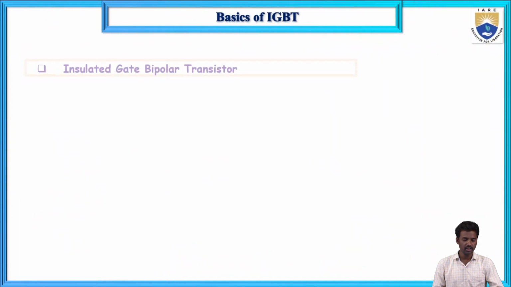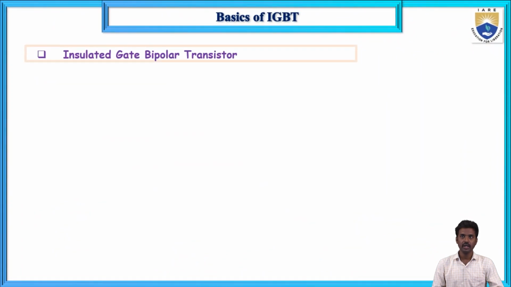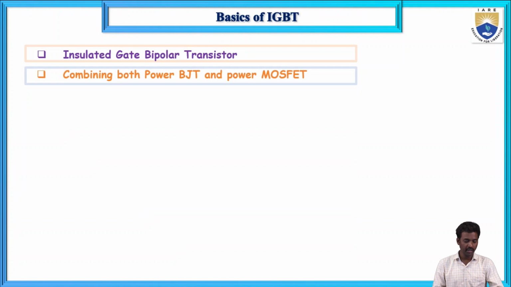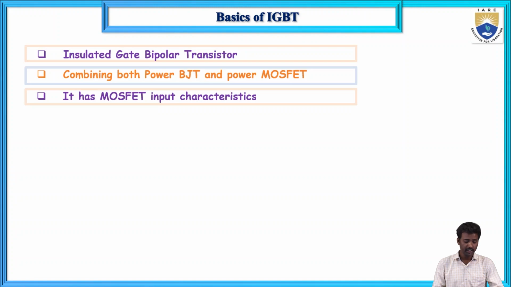So now these are the basics. First, the full name is IGBT, insulated gate bipolar transistor. It is a combination of power MOSFET and power BJT. That means it has MOSFET input characteristics and power BJT output characteristics.